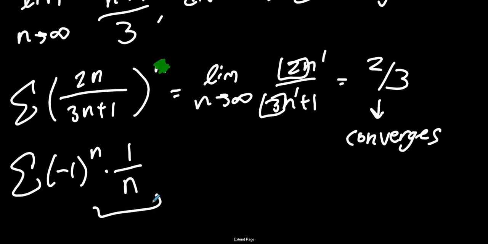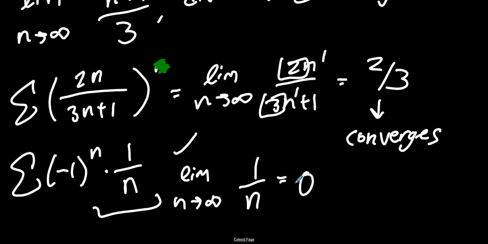So it is, in fact, a decreasing function. So we already have our first check right there. Now all we need to do is take the limit as n approaches infinity of 1 over n, which we commonly know is 0. Because that's equal to 0, that's our final check. So that means we know that the series converges.